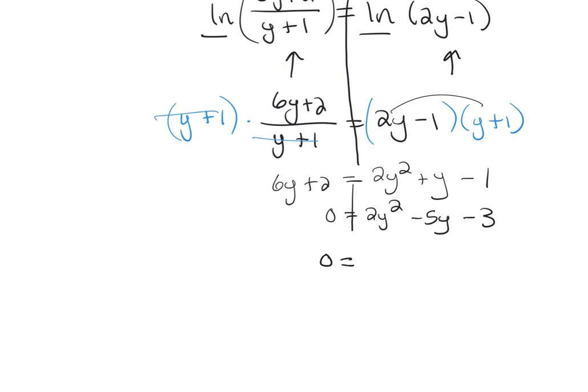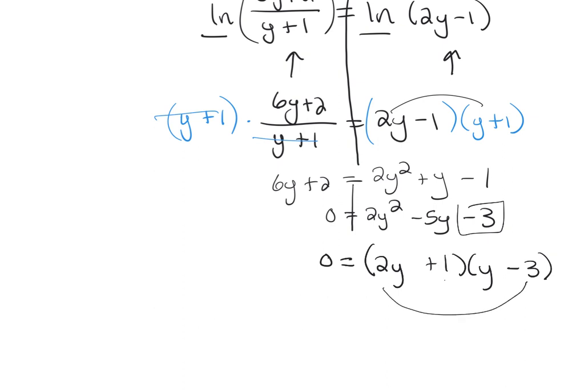Okay, let's factor that. I've got 2y and y. I need factors of negative 3. I'm going to do minus 3 because there's my negative 6, and plus 1, that would get me to negative 5.